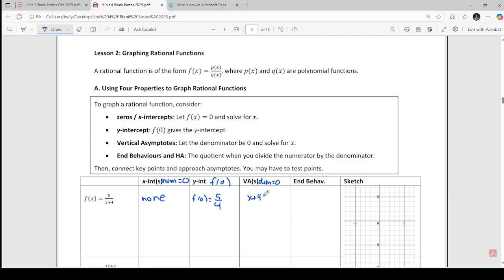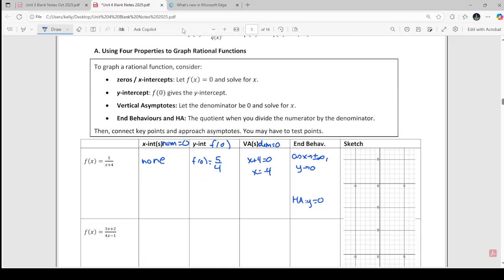So x plus 4 is 0 when x is minus 4, and that's your vertical asymptote. The end behaviors come from the quotient when you divide the numerator by the denominator. So what happens if we try to divide 5 by x? We can't. So this means that our horizontal asymptote is at y equals 0. So our end behavior is, as x approaches plus or minus infinity, y approaches 0.